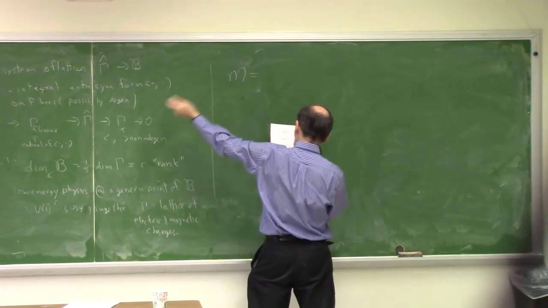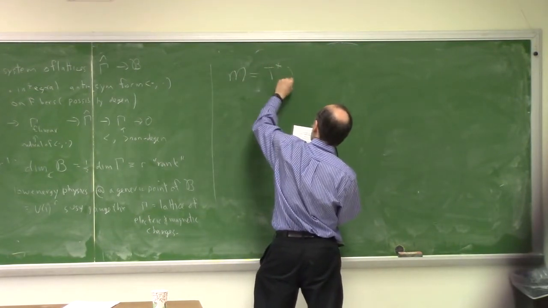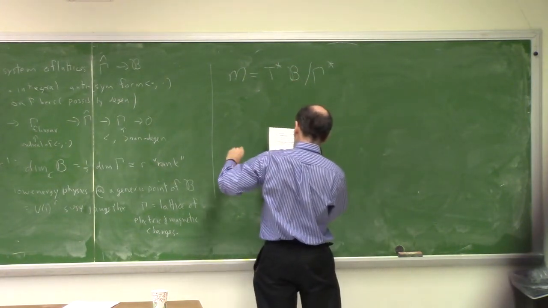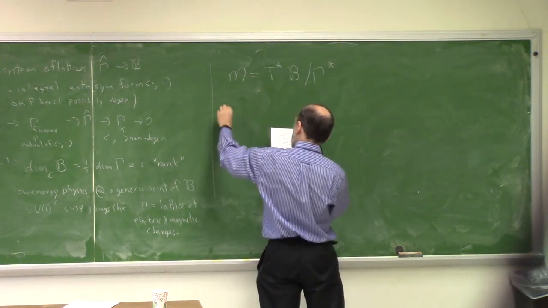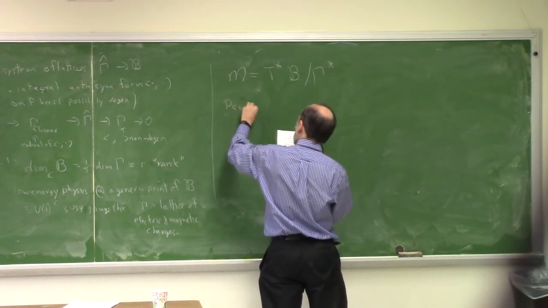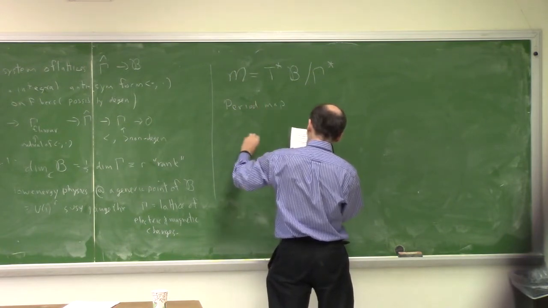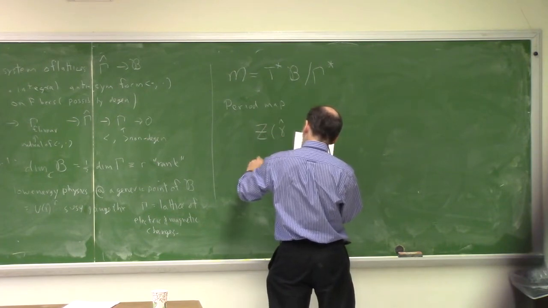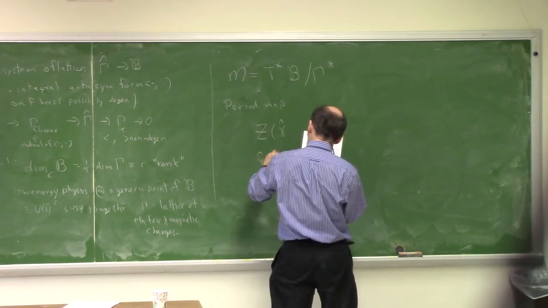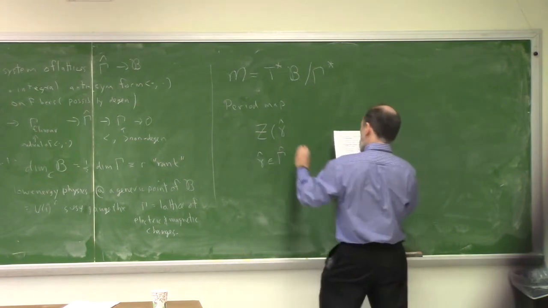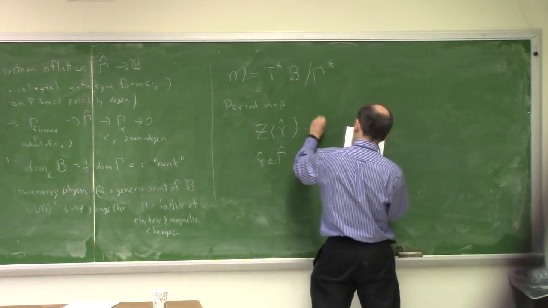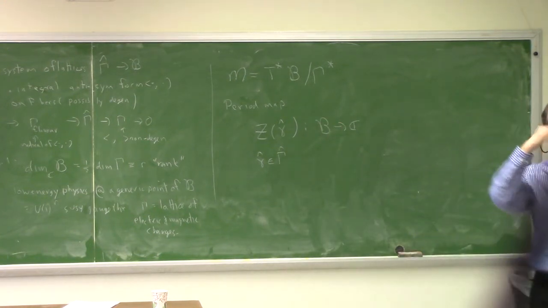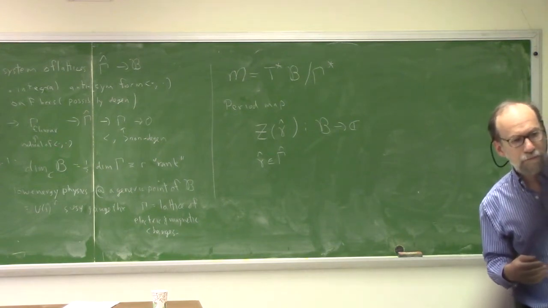Let me just say one more thing before I press on. M is just T*B mod maybe gamma dual, and there's an interesting quantity called the period map, which takes a lattice vector and a point on this Coulomb branch and gives you a complex number.